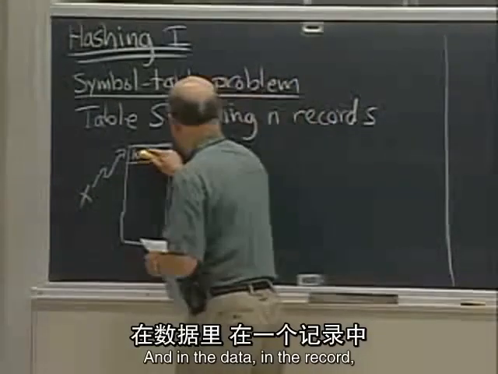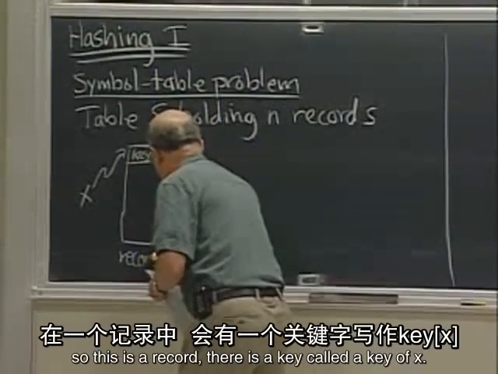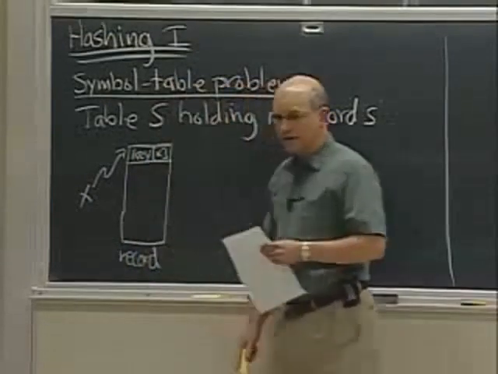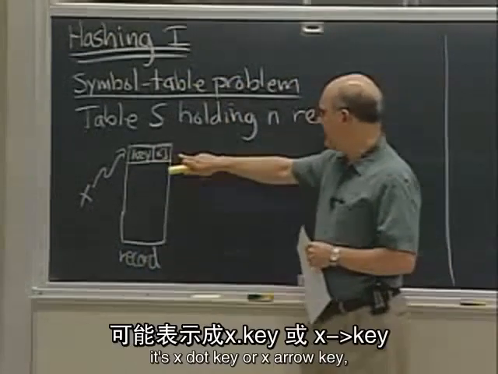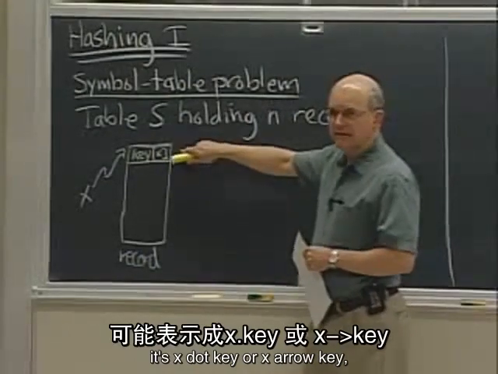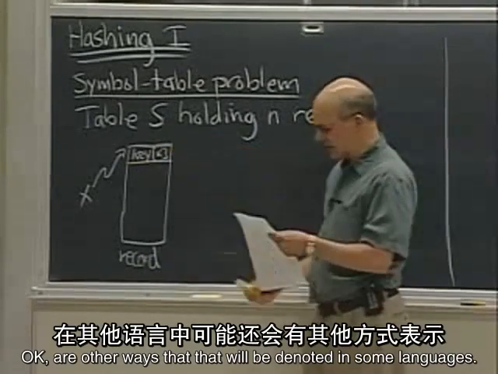And in the data, in the record, there's a key, we call the key of X. In some languages, it's X dot key or X arrow key, or other ways that'll be denoted in some languages.